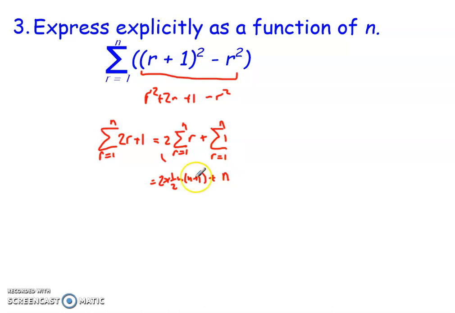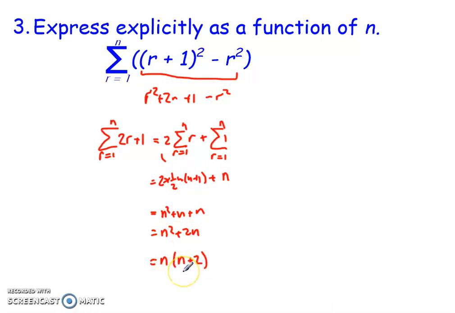When you get one like this, multiply all the brackets out at this stage, gather it all together, and then simplify it from that. So 2 times a half cancels, then multiply out the bracket, and I get n squared plus n plus n. So in this case, I get n squared plus 2n. We could factorise the n out, and I have n bracket n plus 2.